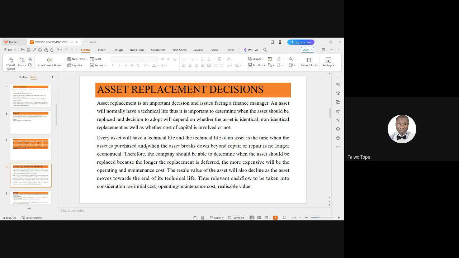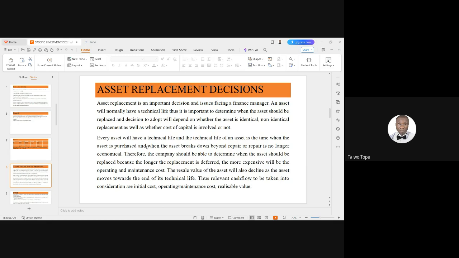Another important point we look at in asset replacement decisions is relevant cash flows, which are very key in the replacement analysis. When we try to analyze an asset replacement cost, or make a decision about replacing an asset, we look at the initial cost, the cost of buying the new asset.